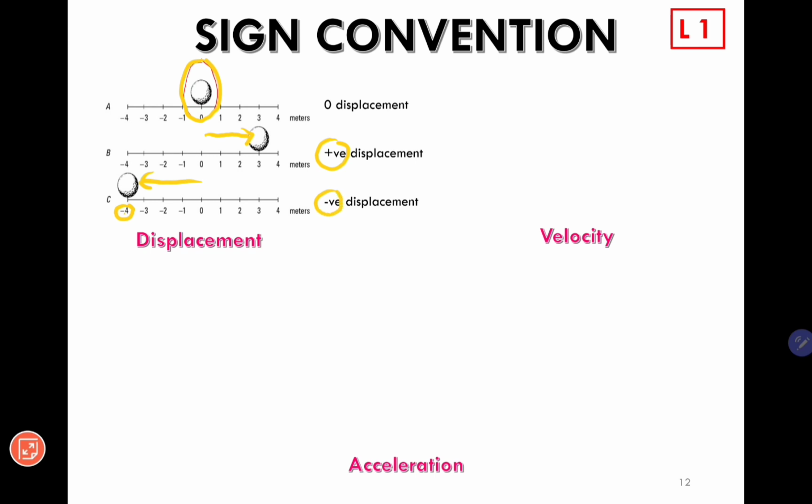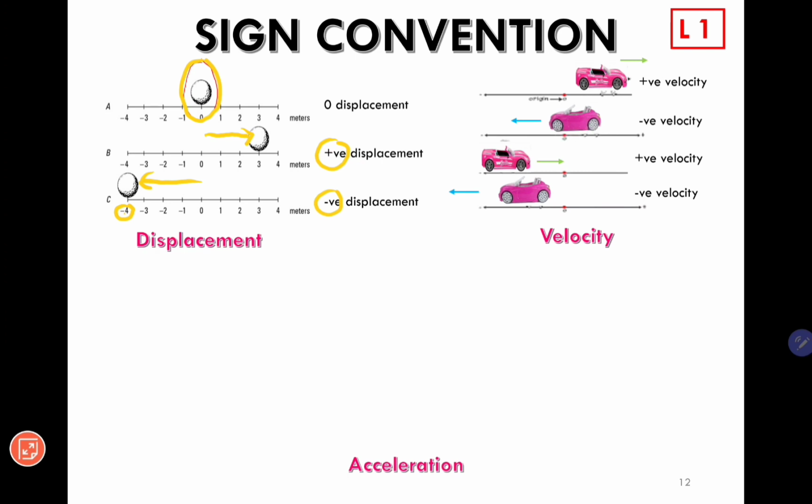Okay, how about the velocity? For the velocity, still the same, because velocity is also a vector. When the object is moving to the right, the velocity is positive. When the object is moving to the left, the velocity is negative.